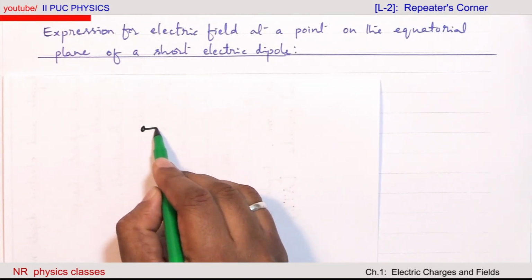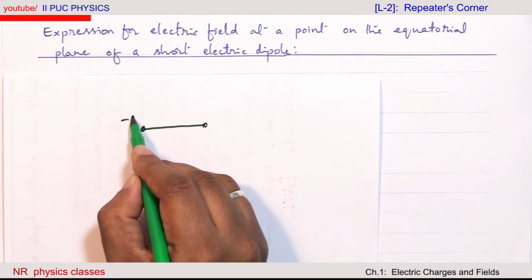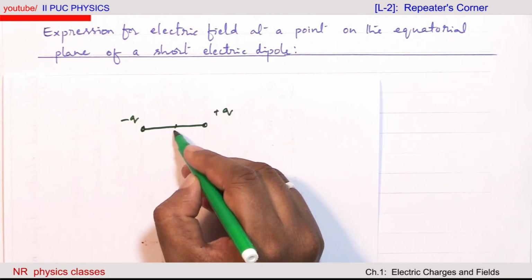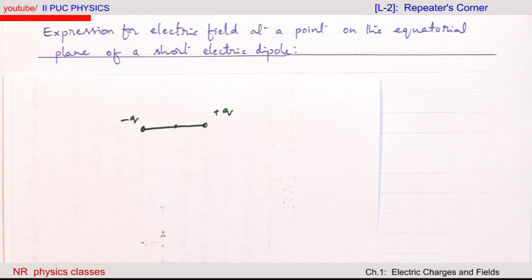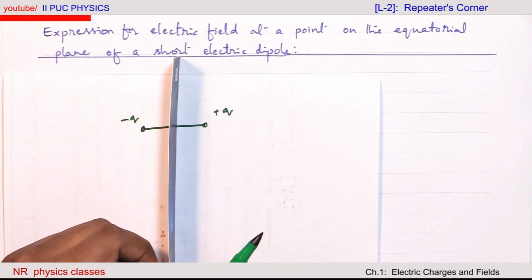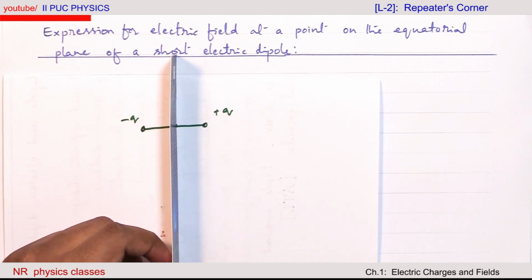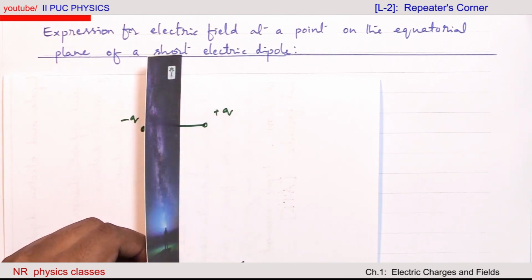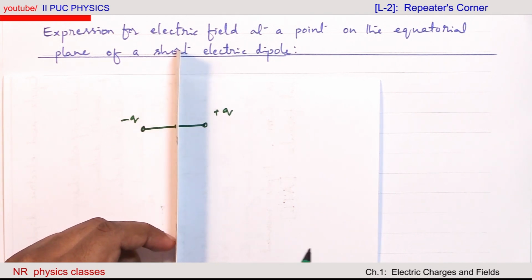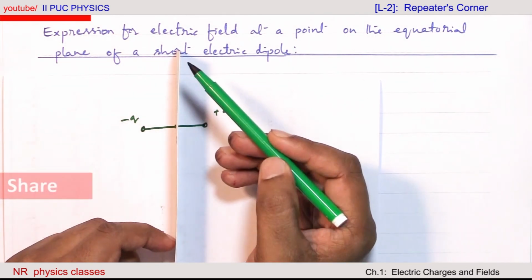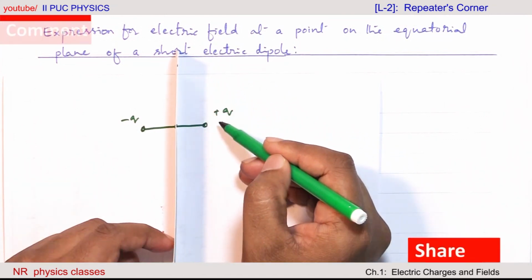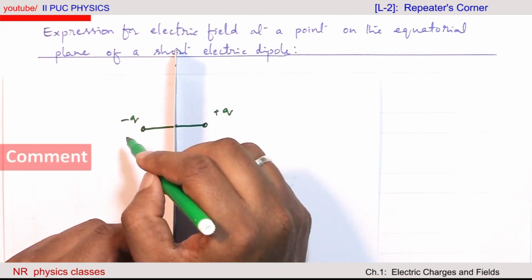Let this be an electric dipole, minus q and plus q. Okay, this is the center of the dipole. Let this be the equatorial plane. If you consider any point on this plane, that point will be equidistant from these two charges.